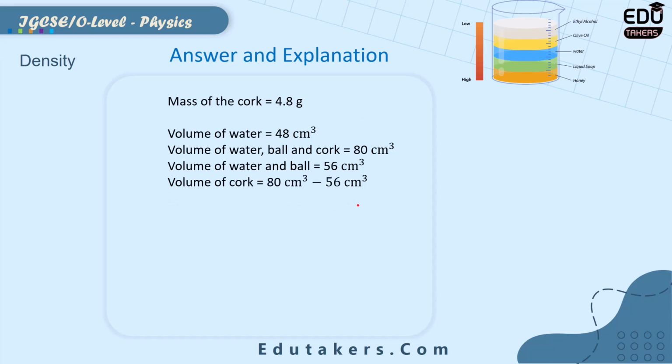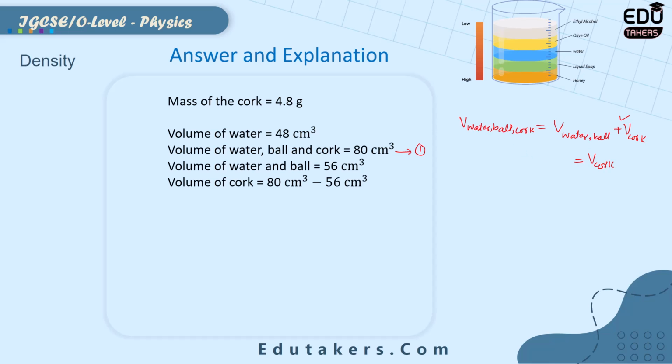See, by this equation, the volume of the water, ball and cork is basically equal to the volume of water and ball plus the volume of cork. You can easily find out the volume of cork from here.